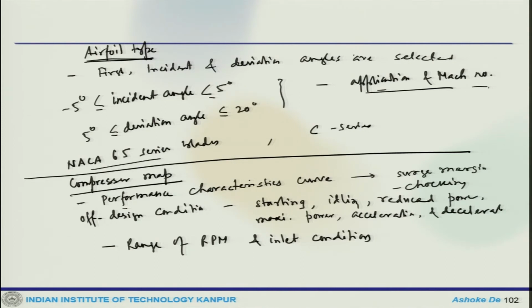But since the annulus area and compressor blading are chosen to satisfy the design point conditions only, it may be possible that in other conditions like off design conditions, they may not perform properly. So, comparing maps for axial and centrifugal compressor, one can notice that for a fixed value of n by root T naught 1, the range of mass flow rate is narrower in axial compressor than the centrifugal one. And also at high rotational speed, the lines become very steep and ultimately maybe vertical.